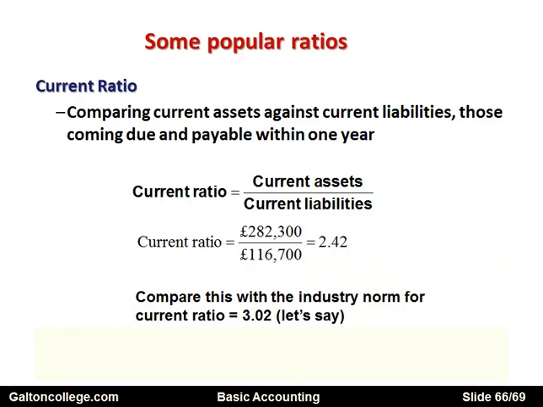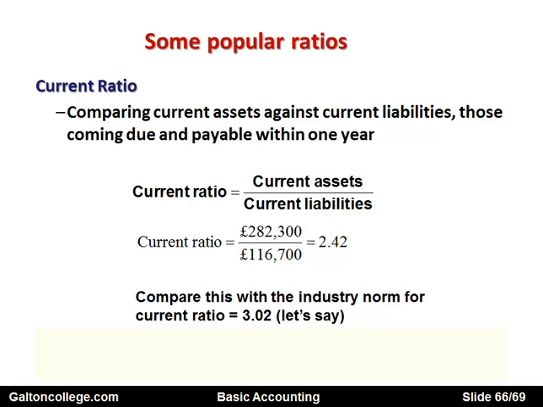Compare this with the industry norm for current ratio. Let's say the industry norm was 3.02. Then in this case, of course, the business is not in good shape. So we have to try to find what's the norm for other companies in this line of production.